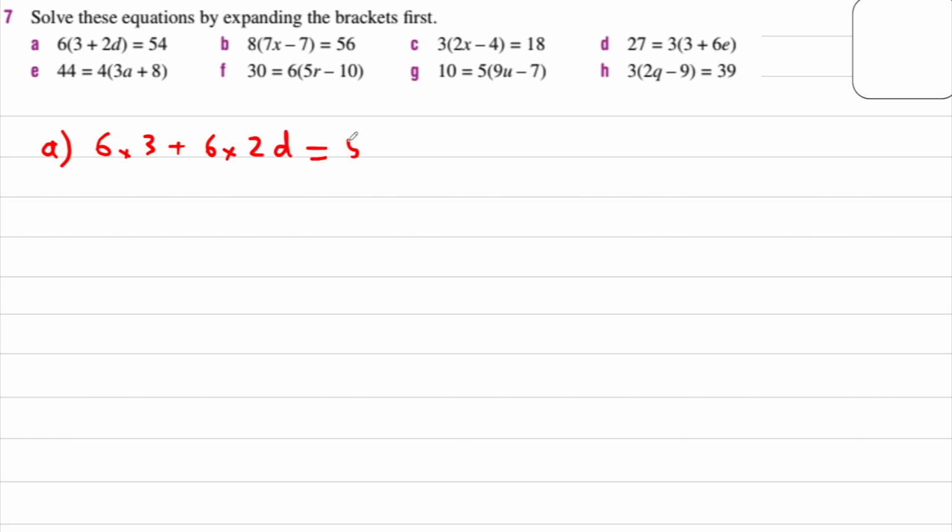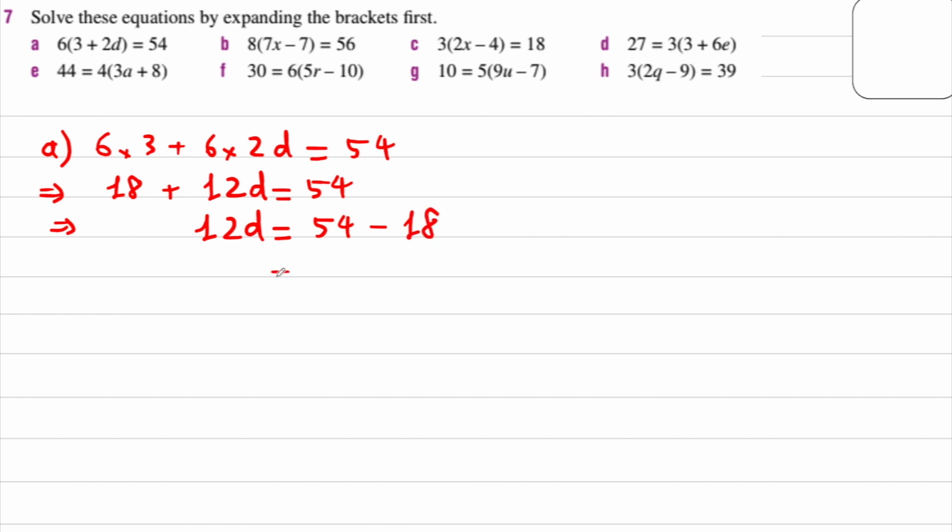Of course, for this question, the numbers become a little harder. 6 times 2 equal to 12d and 54 for here. 12d on the left, 54 minus 18 will be here. And for now, we got here I think 36. Yeah, 12d for this one. And then divide by 12. 36 divided by 12. We got here is 3.